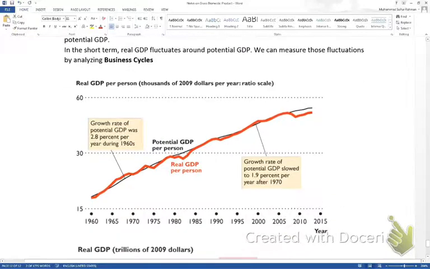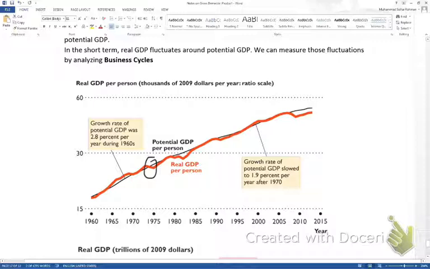So what is the potential GDP? From a graphical perspective, if the red line is your real GDP, the potential GDP is the trend in that data. So it's the black line. There are some fluctuations of real GDP around the potential GDP. Notice that there are cases where real GDP has gone down compared to the potential GDP, and that's when you probably have some kind of recessionary effects.